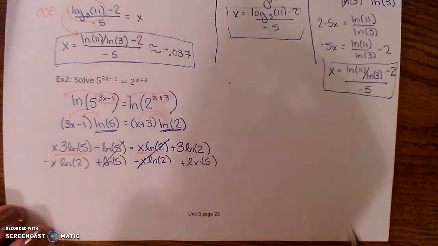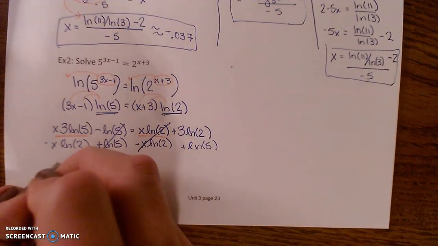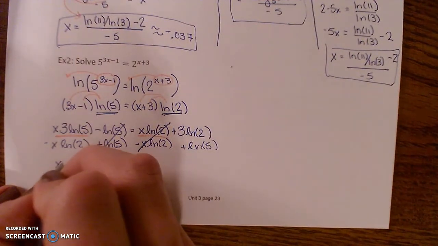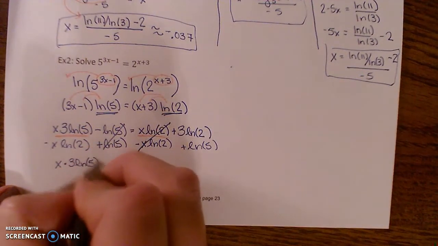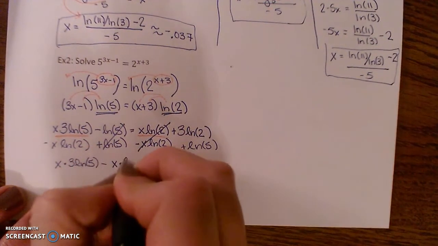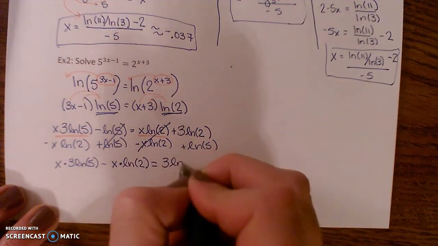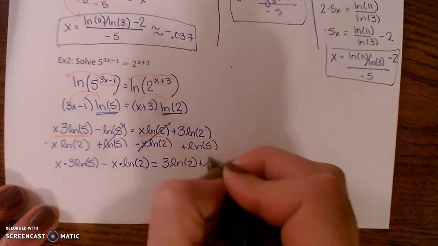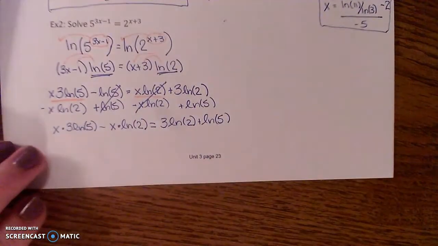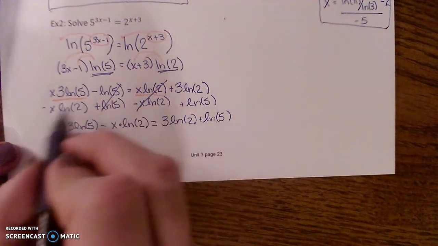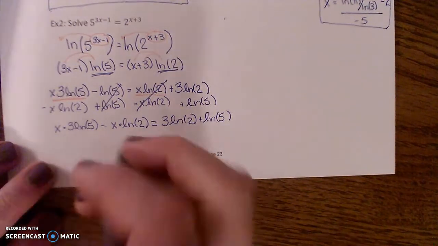So those go away. Now, unfortunately, I can't combine these terms. They're not like terms. So I've got x times 3 ln of 5 minus x times ln of 2, and that's going to equal 3 ln of 2 plus natural log of 5. Okay, now this last step, now that I have the two terms involving x together on one side, I'm going to factor out that x.